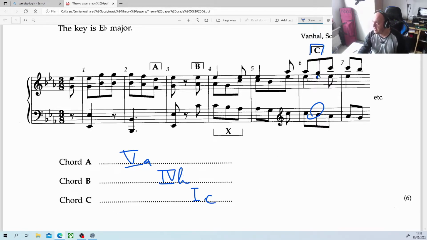That's an E flat. That's a G. See, it's been held. The E flat here is still sounding. There's a G, there's a B flat at the bottom, which is practically here. So what's happening there is this E flat, the bottom voice, is still sounding here. Whoever did this paper wrote it in.